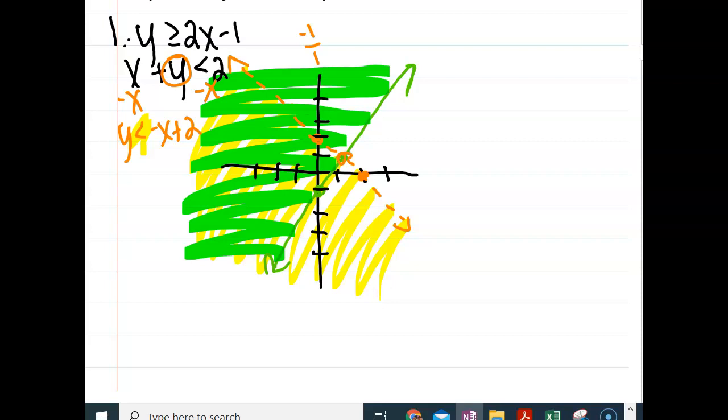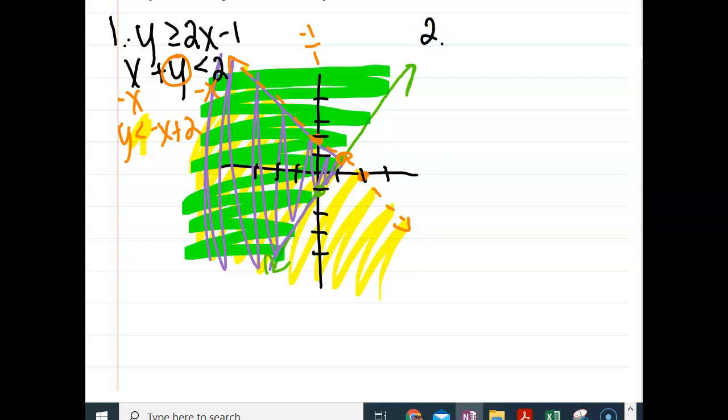But we know this area over here that I've shaded just in yellow is not a solution to the green inequality. I'm looking for the points that are a solution to both. This area here at the top is only a solution to the green inequality. This area right here that I've shaded in both, that's where your answers are. These are your solutions. Those are the points we're looking for that I've shaded in both colors.